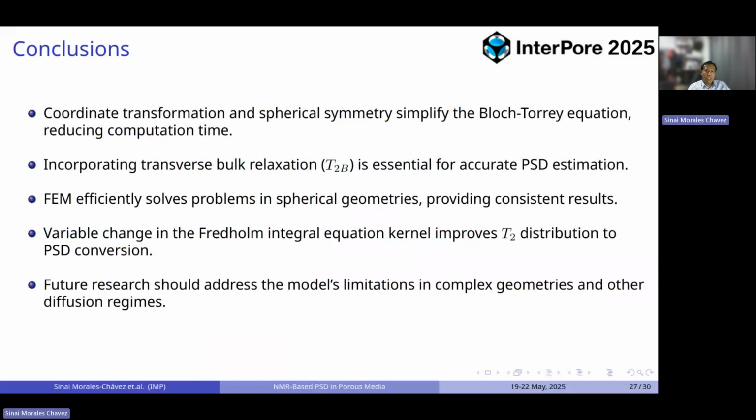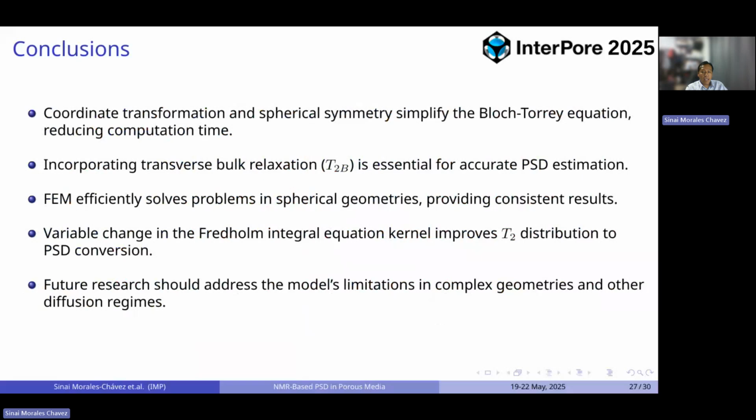Third, the finite element method proved to be a robust tool for solving the diffusion relaxation equation in porous geometries. Fourth, by modifying the kernel in the Fredholm integral equation through a variable change, we improve the stability and accuracy of the inversion from T2 directly to PSD.